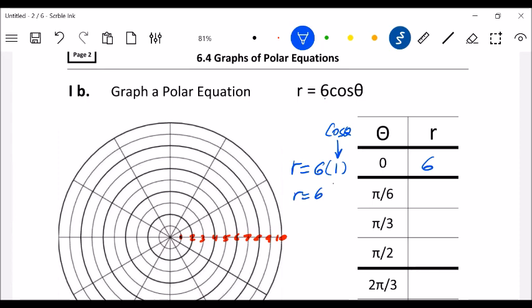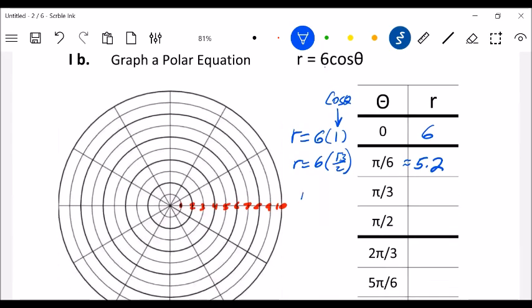Here, r equals 6 times, well, the cosine at pi over 6 is square root of 3 over 2. 2 goes to 6 3 times. 3 times square root of 3 is approximately 5.2. And then r equals 6 times, well, at pi over 3, the cosine is 1/2. So we get the number 3. Here, the cosine at pi over 2 is 0. So 0 times 6 is 0.